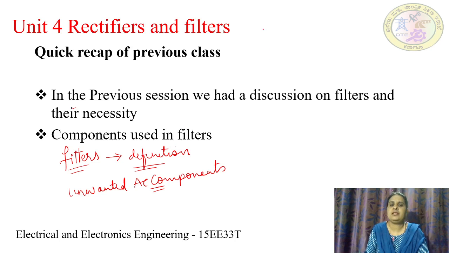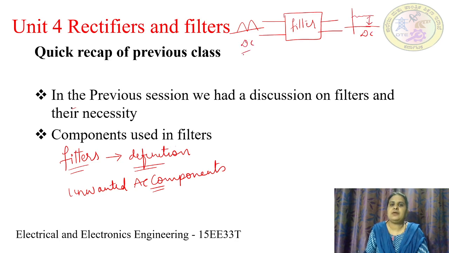As per the definition, its work is to take the rectified output as input and give us a smooth DC output. This is a DC, and this is also a DC, but it consists of ripples. We have to remove the unwanted ripples or AC components.